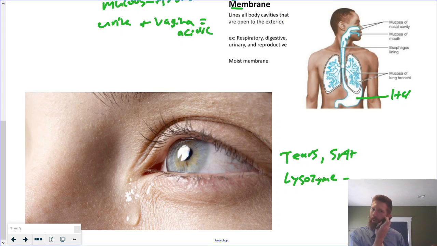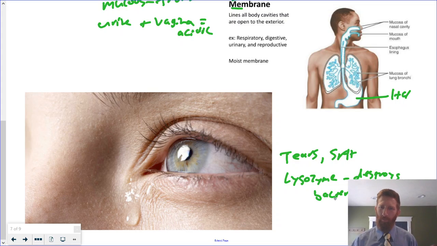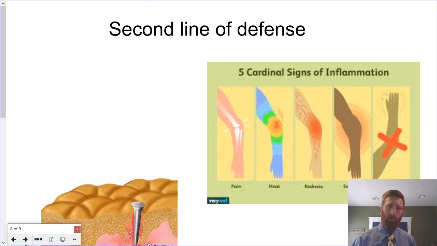If you took AP biology, you know that to lyse means to explode or to destroy a cell. So lysozyme is an enzyme that destroys bacterial cells. All right, perfect. So that's our first line of defense.